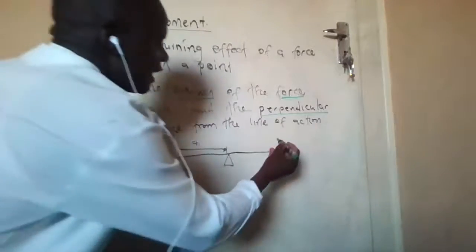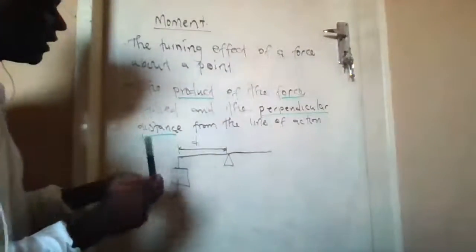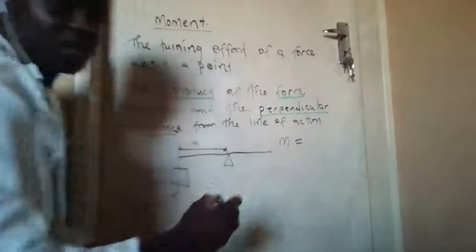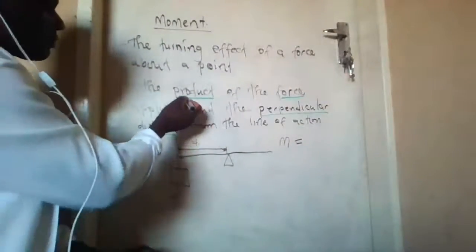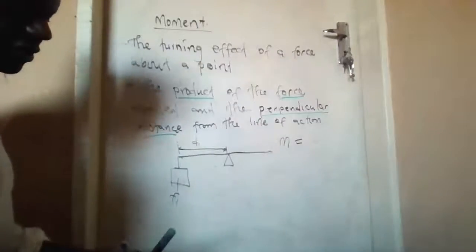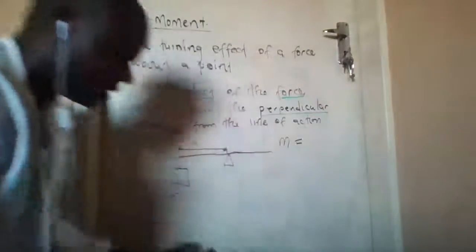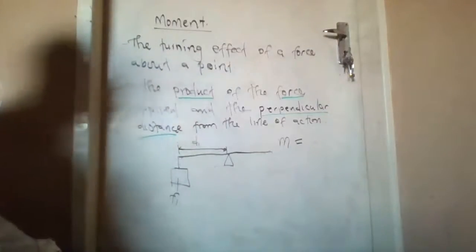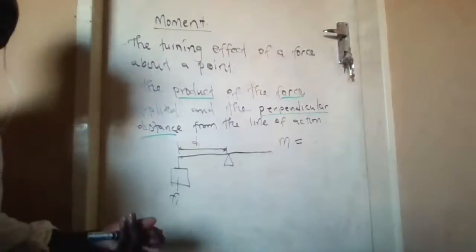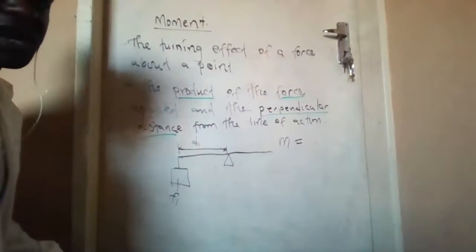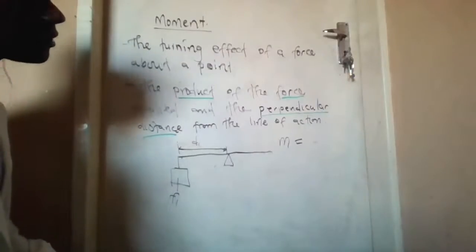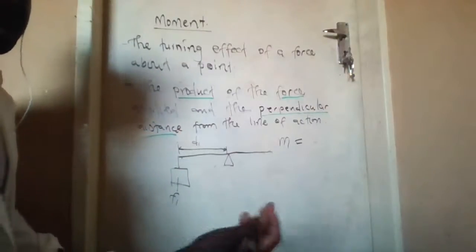I'm trying to derive the formula. By the way, the word product used, we know certain terminologies from grade 7. The grade 7 teacher would tell us what a product is, what a sum is, what the difference is. The difference is the answer you find after subtracting, and the product is the answer you find after multiplication.